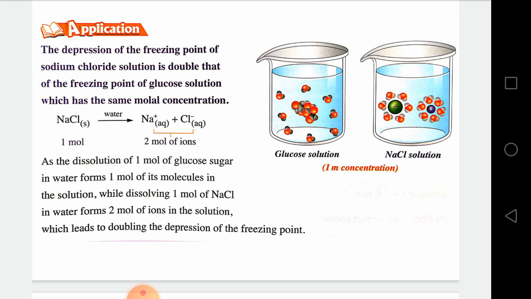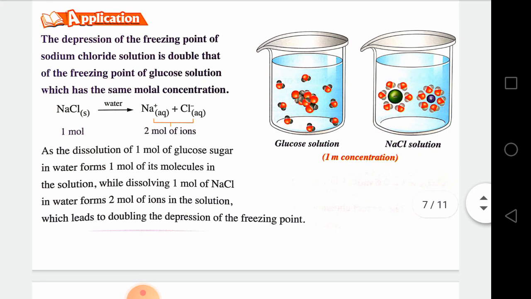But the sodium chloride, when dissolved in the solution, 1 mole of sodium chloride will dissociate, or ionize, to give 1 mole of sodium ions plus 1 mole of chloride ions. This means 1 mole of sodium chloride gives us 2 moles of particles. So the boiling point of the sodium chloride solution is higher than the glucose solution. Why?